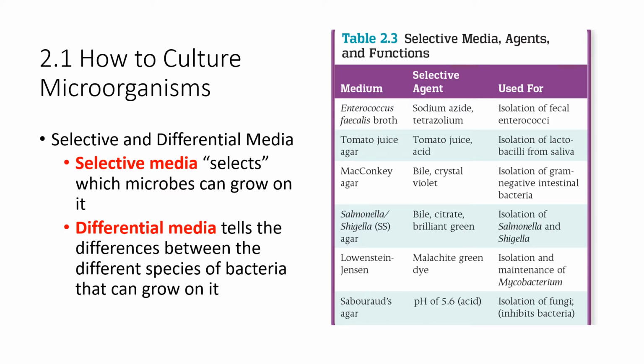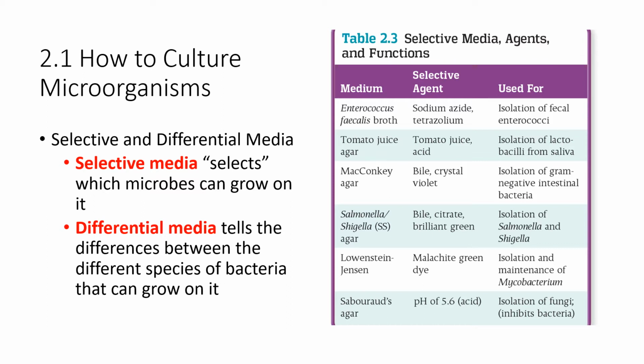So what you can use are media, agar, broths, that will allow you to select for certain bacteria to grow, and others will struggle and not be able to grow due to bile salts, too much salt being there, not enough of certain amino acids, different things like that.